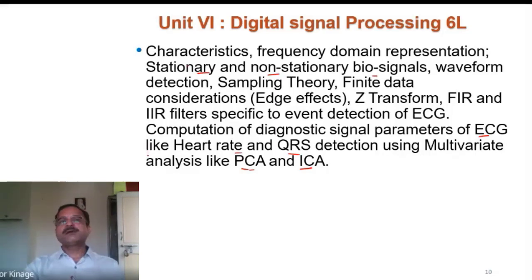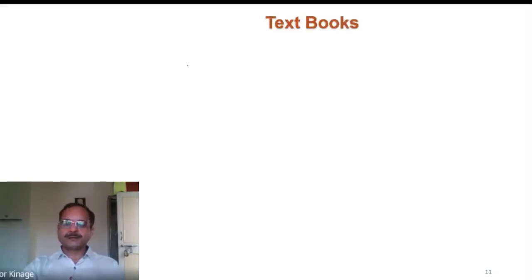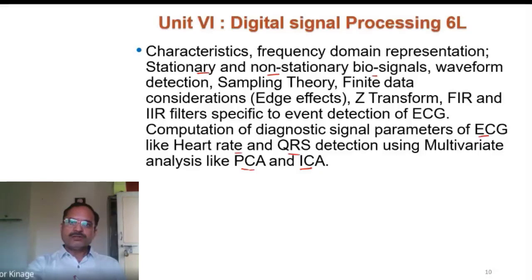So this is our unit number 6. Okay, so this was about the syllabus, all the 6 units. The first unit is the introduction to biomedical signal processing and the instrumentation system. The second unit is about the cardiovascular system and the nervous system. In the third unit, we have seen the processing of cardiovascular signals.